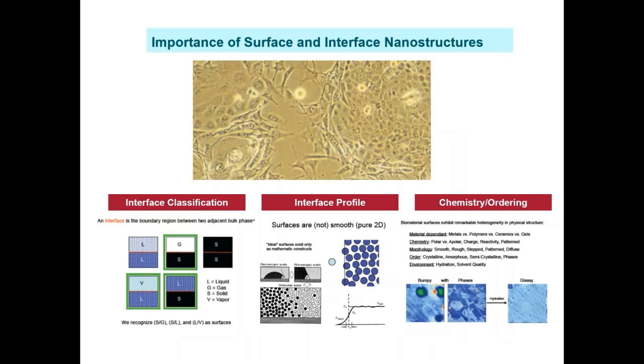And therefore, surface chemistry, surface morphology is important for the interrogation of cell systems that adhere to functionalized surfaces, which includes, of course, your stents, your bioimplants, and other biomedical devices.